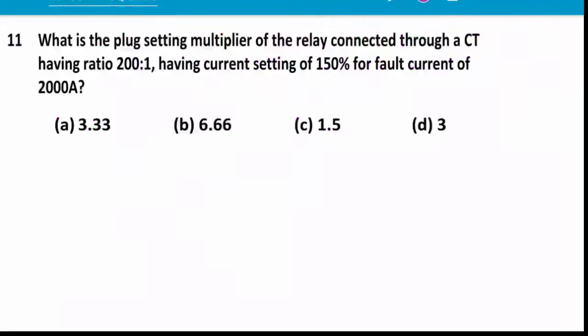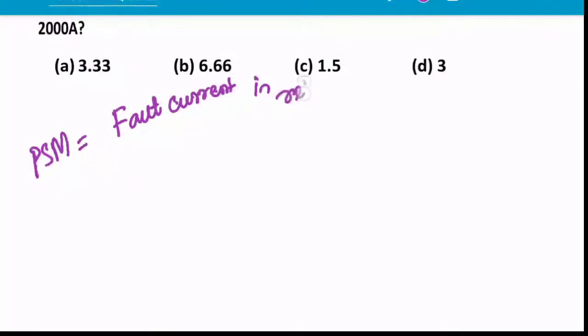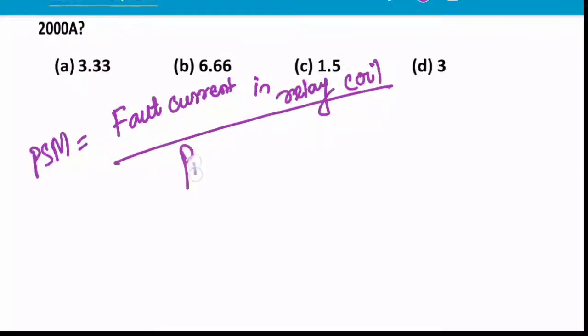Next question: what is the clock setting multiplier of the relay connected through a CT having ratio 200:1, having a current setting of 150% for a fault current of 2000 ampere? For this, the clock setting multiplier is given as fault current in relay coil by pickup current.